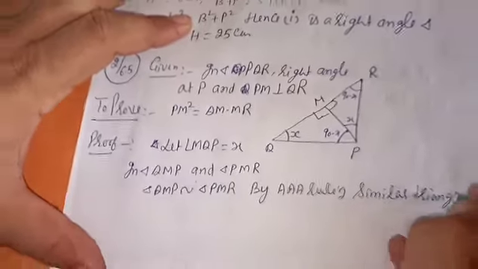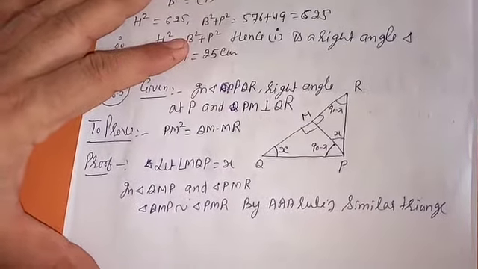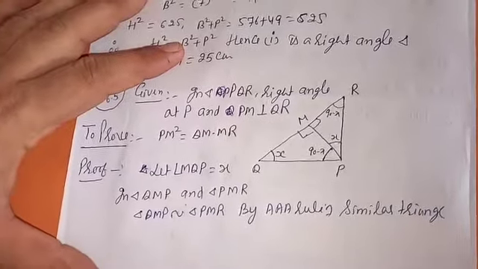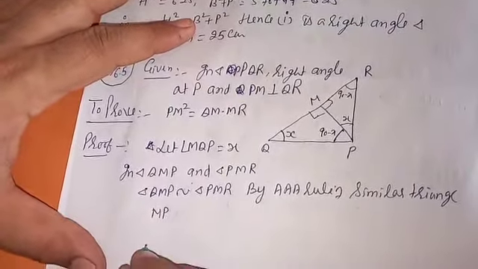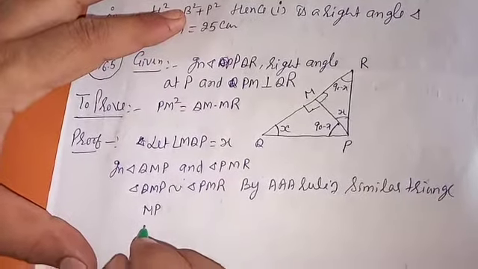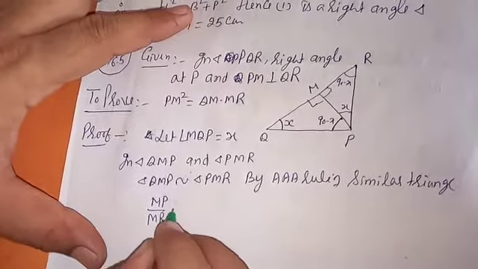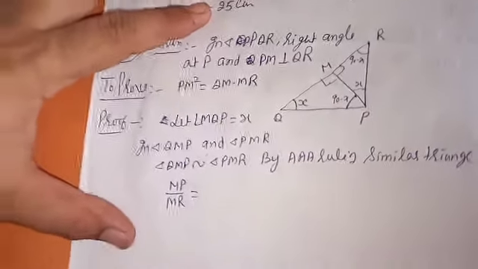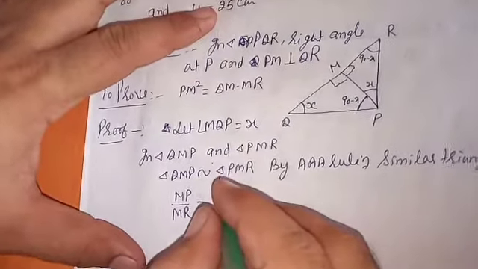Similar triangles. So what happened? MP by MR is equal to what?